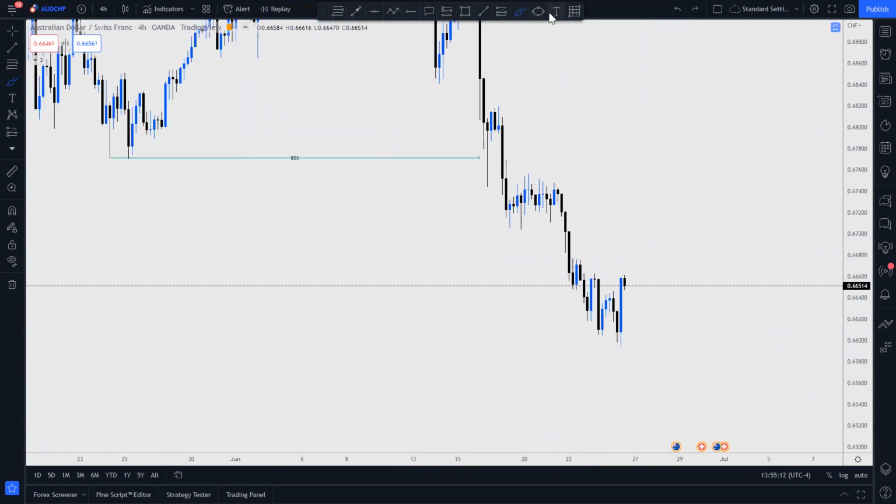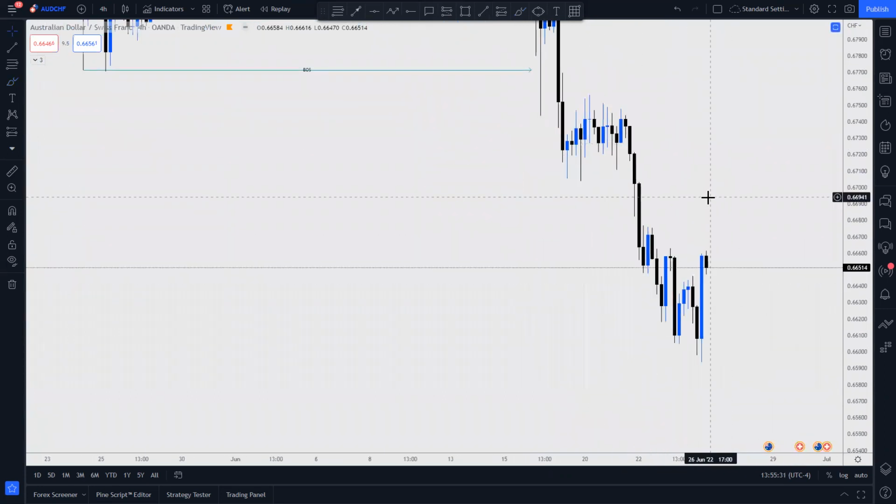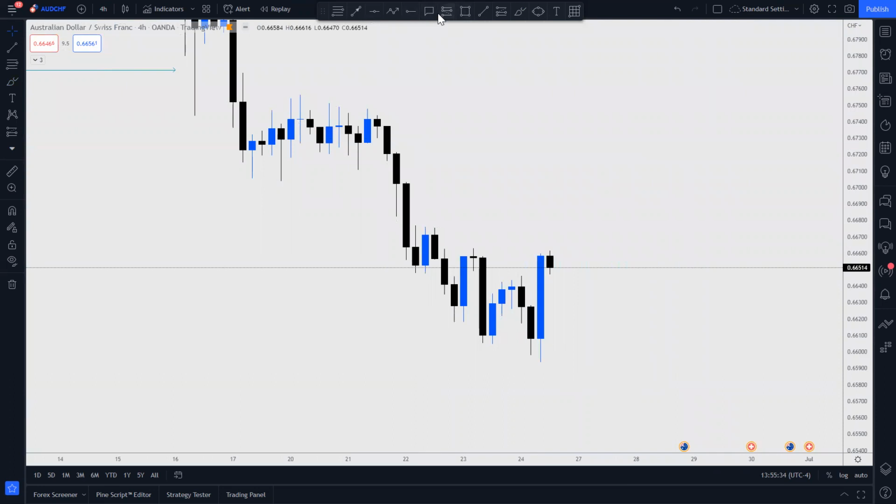So any pullback into this area, into this displacement, that impulse, I'm going to view as an opportunity to take a short. That's where I am at. That's what I'm thinking anyway.